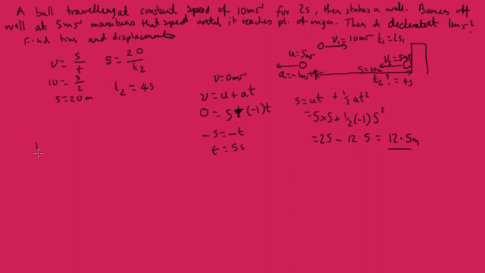Now, we want to sketch a velocity time graph and a displacement time graph. So let's do the velocity time graph first. So we start off at 10 meters per second, and this goes on for 2 seconds, and then we have the discontinuity, and it goes to -5, and it continues like this for 4 seconds.